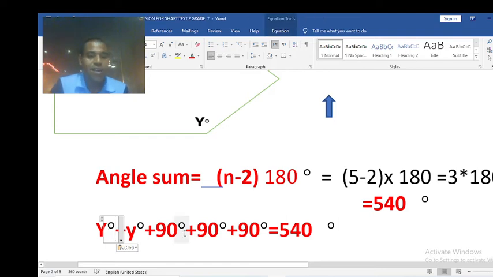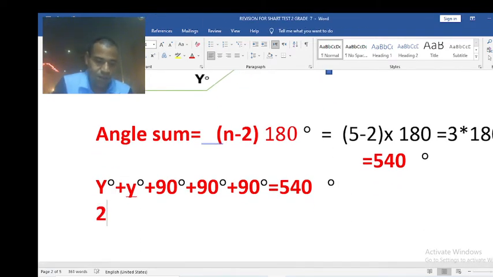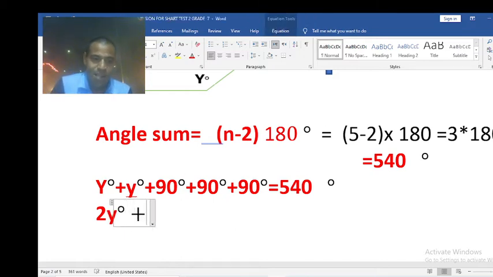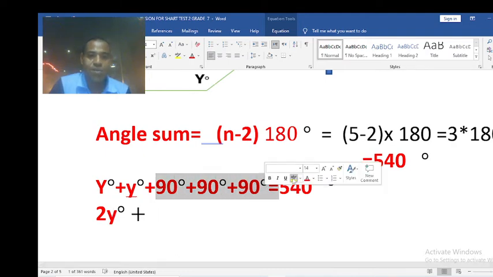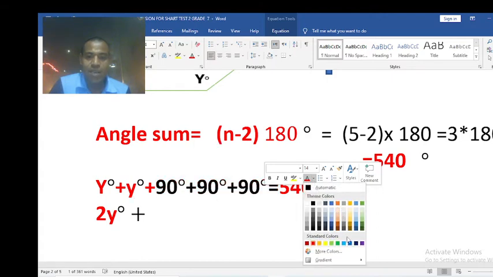Okay, so we can see that we have 2y the unit plus what, plus you can add all of these numbers, you can add this and that, which gives you, let's say, we'll change the color for this one. Okay, I will make blue.